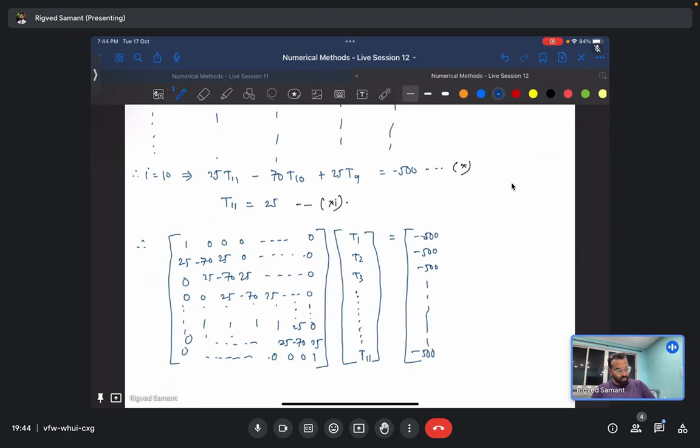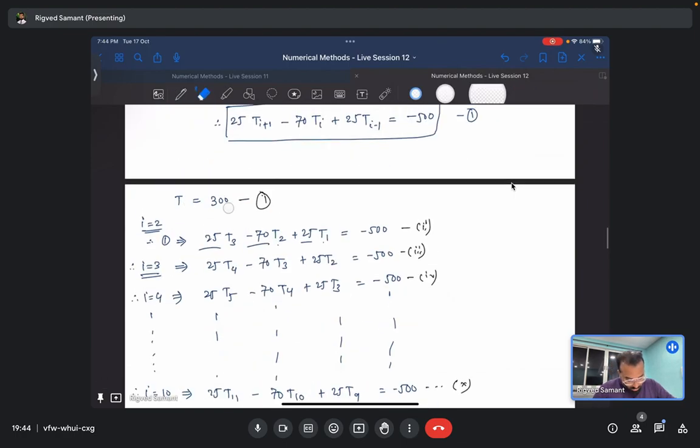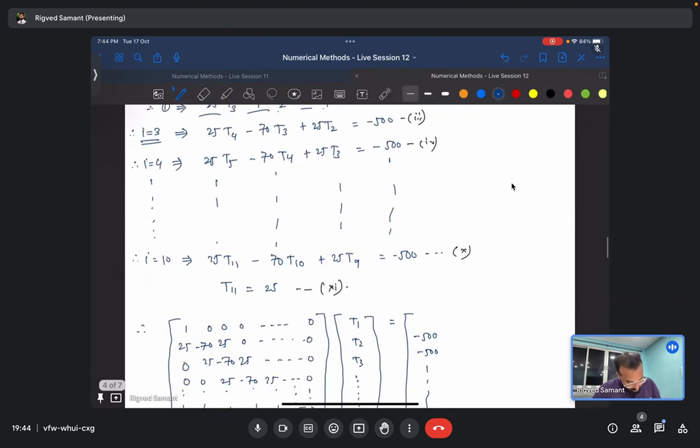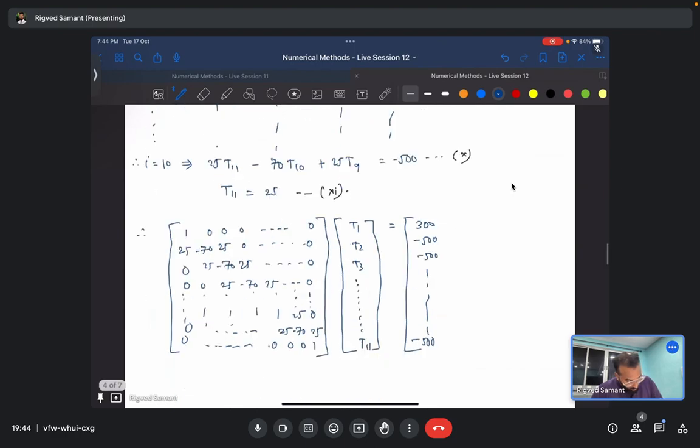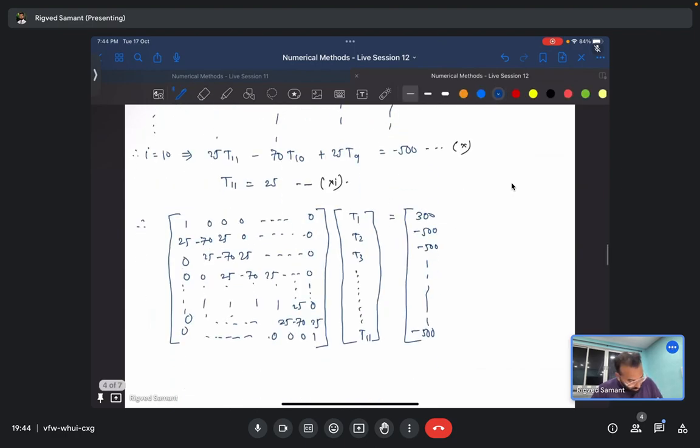The first and the last one would differ, because the first equation is T1 is equal to 300, so that is 1 into T1 equals 300, and the last is 1 into T11, that is 25. The rest of it would be minus 500.